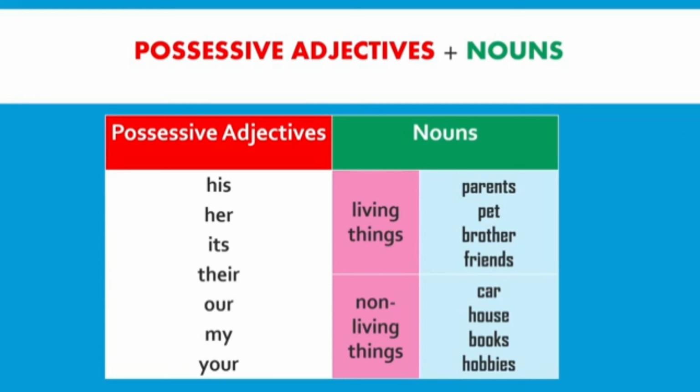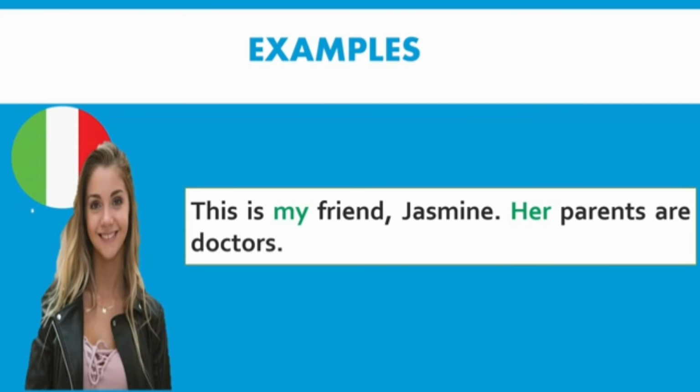Nouns are divided into two categories: living things and also non-living things. An example for you of using a possessive adjective, let's read the sentence again together. This is my friend Jasmine. Her parents are doctors. Like what I said earlier, possessive adjectives are used before the noun. So where is the possessive adjective?